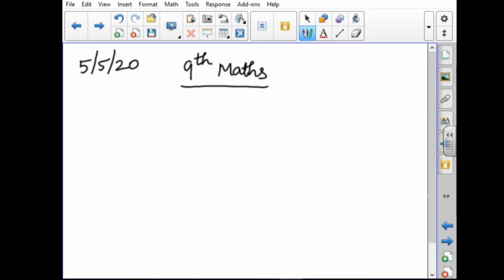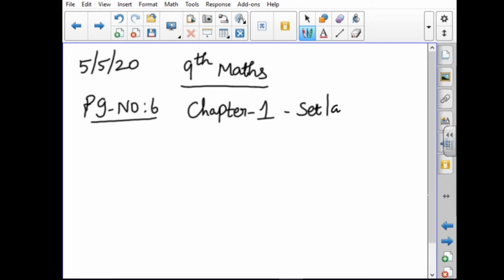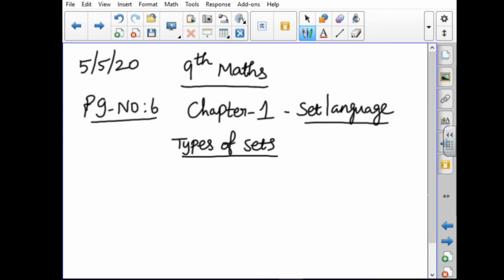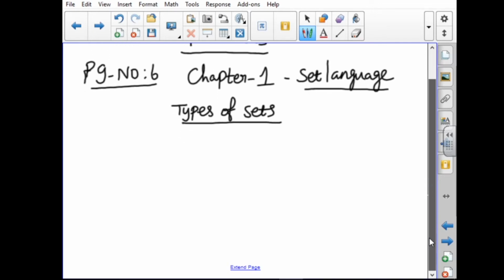Today we are going to see about types of sets. Already we know that a set is a well defined collection of objects.